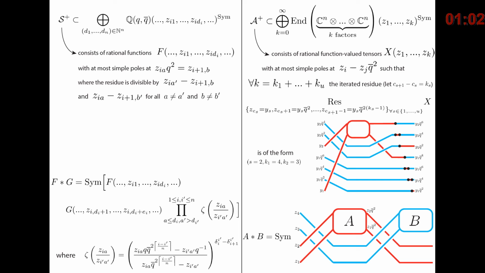So you mean functions with no poles? Yes, but if you take the shuffle product of two polynomials, it will have poles. Yeah, but the subalgebra which is generated by the zi1 to the power k actually coincides with s plus. Yes.